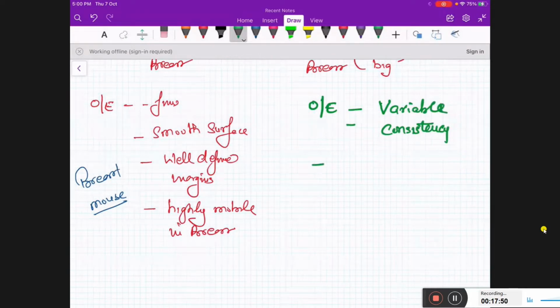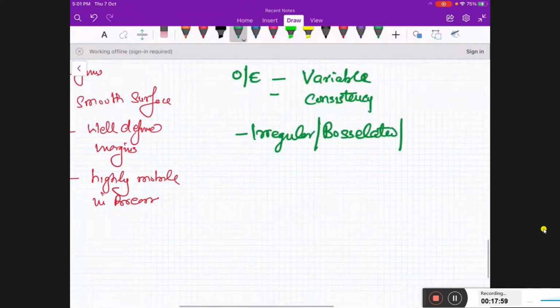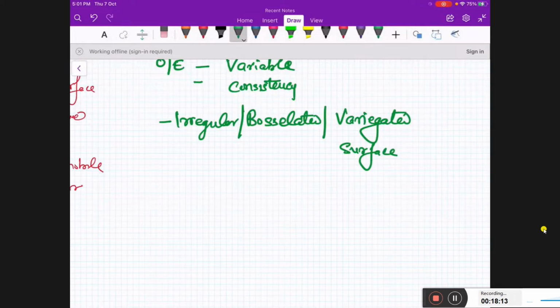Second, it has an irregular or bosselated or variegated surface. This is a very, very important clinical clue. If any of these are provided in a given question, it is phyllodes tumor. Irregular surface or bosselated surface or variegated surface.